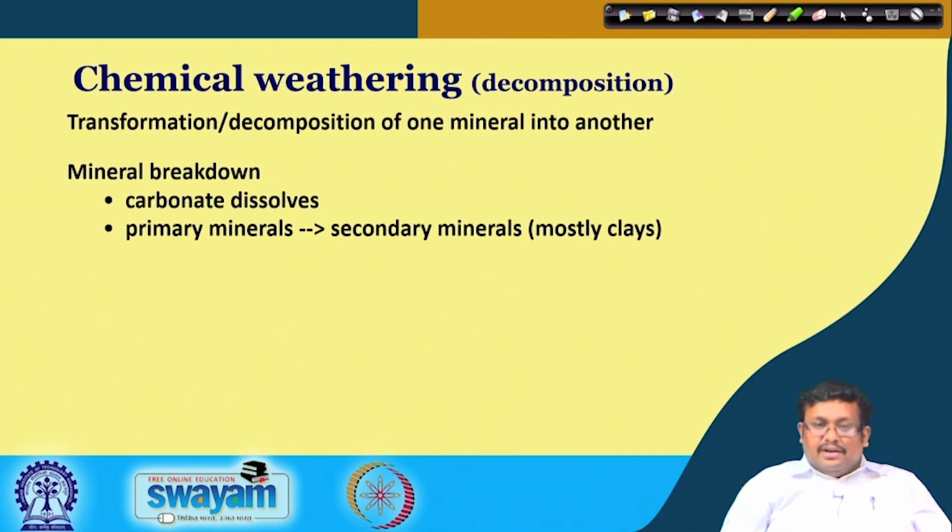And secondary minerals, another name for which is clay minerals, can be found in the finest fraction of soil, that is clay. These minerals are highly reactive, and they also have implications for the physical, chemical and biological properties of the soil. So, we will discuss in detail the different processes of chemical weathering in our next lecture.